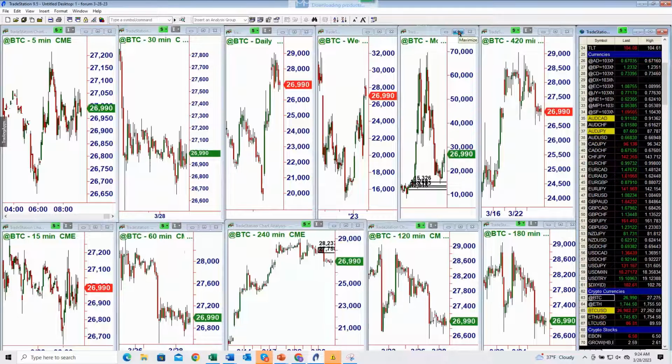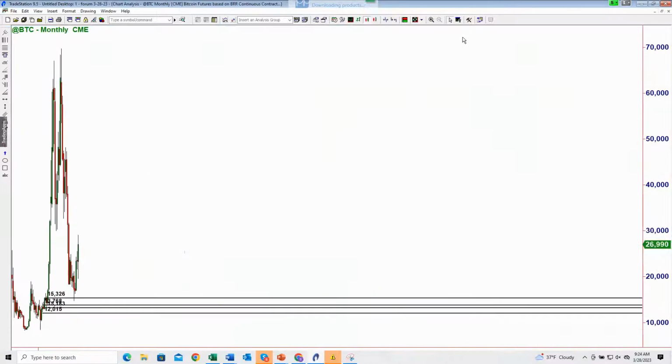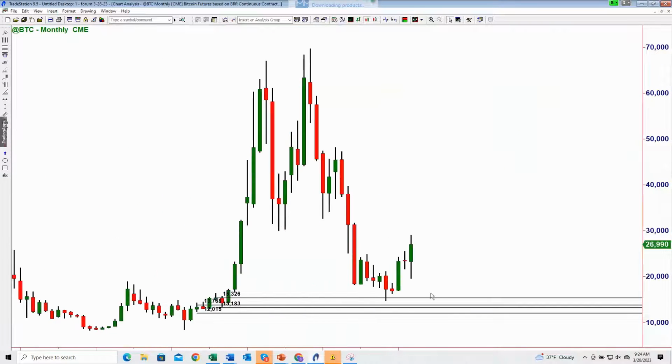All right, so you want Bitcoin? Let's take a look. So you can see Bitcoin actually came into a huge, when I say huge, I just mean a significant outside the range demand zone a little ways back.